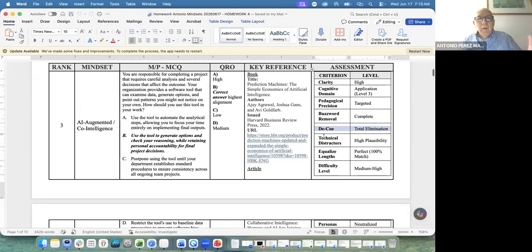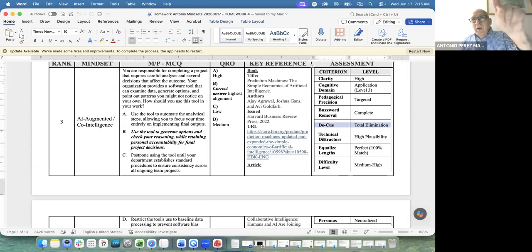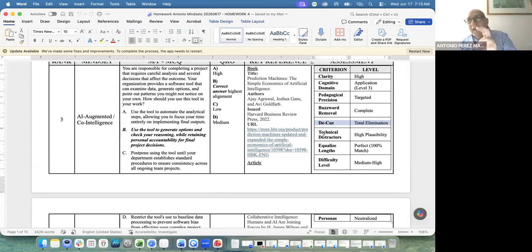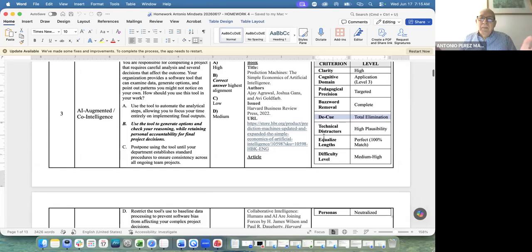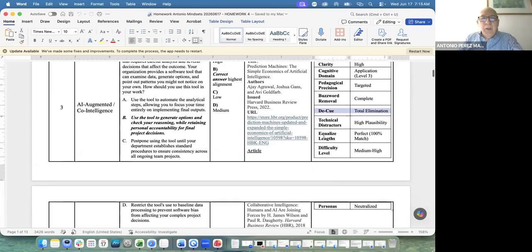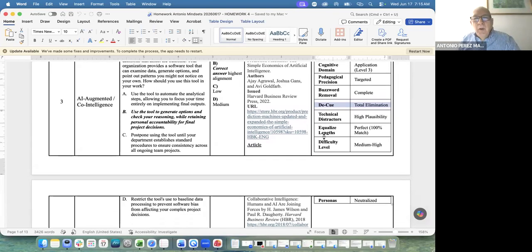Cueing is about hints, prompts, or support in the stem and the options that make the student go directly to the right answer and miss the wrong ones fast. Cueing means hints, prompts, or support that the student knows and tries to remember or recall the answer.